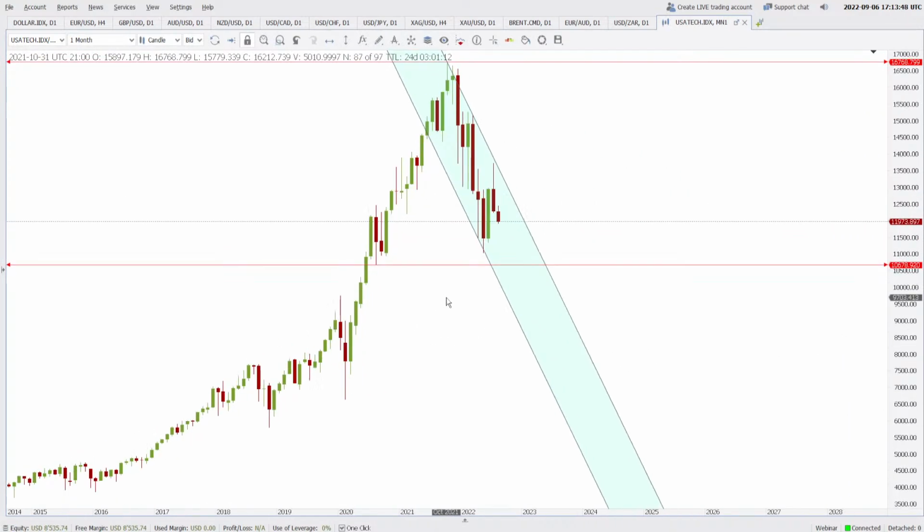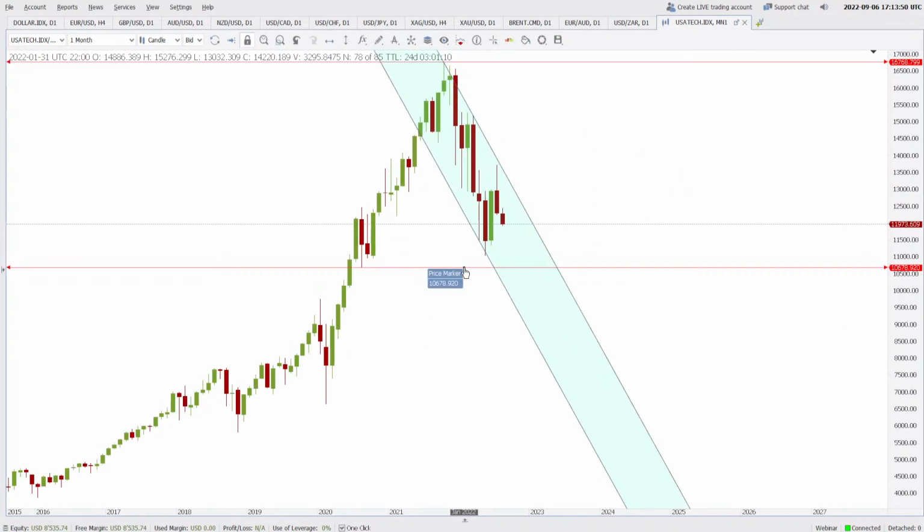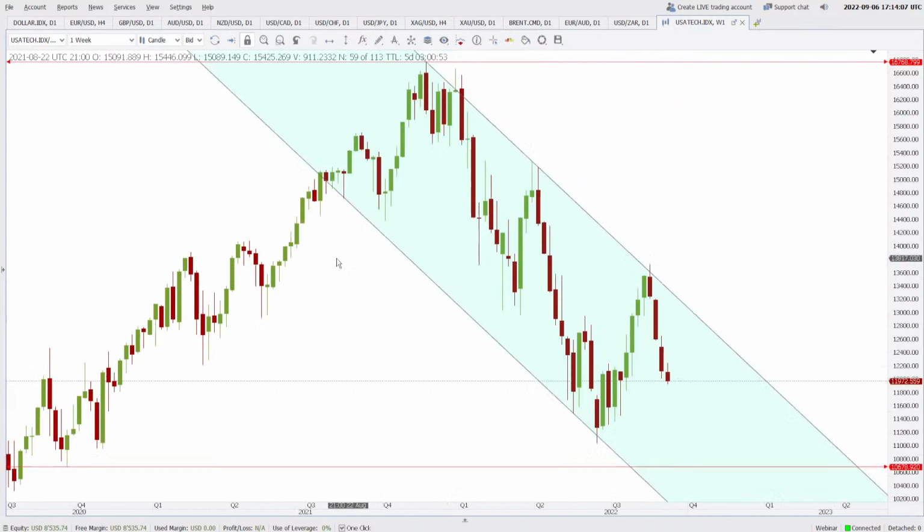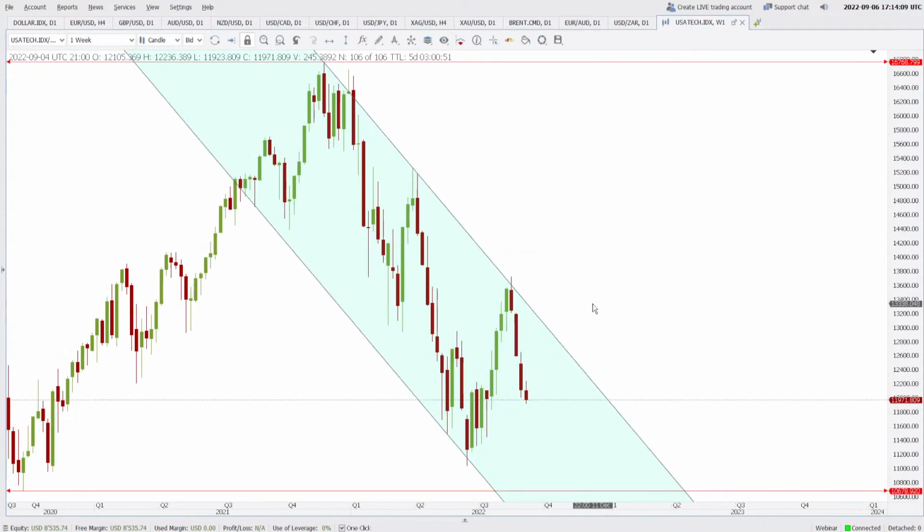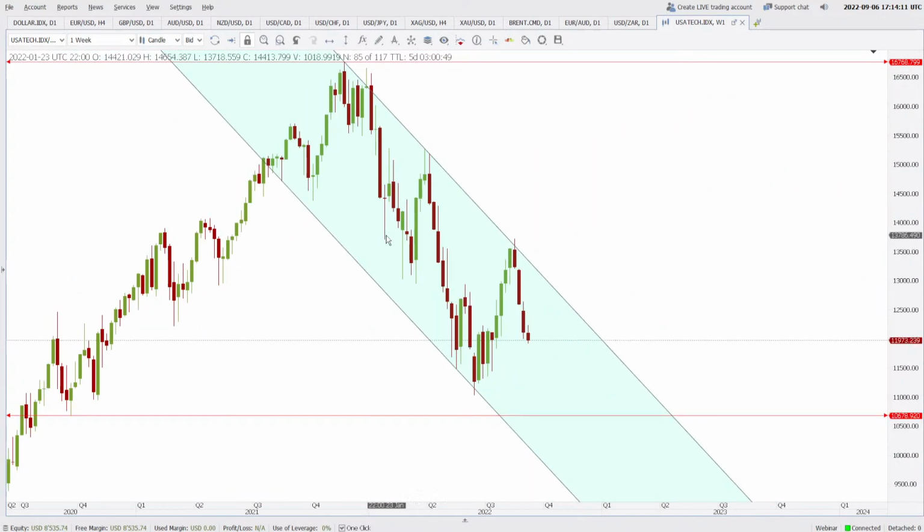You understand my point? If you see a monthly close below 10,678, a sell-off of this particular market will be confirmed. But as of now it is a buy market, at least on the weekly and the monthly. So in the long term it is a buy market till the time 10,678 is not taken out.